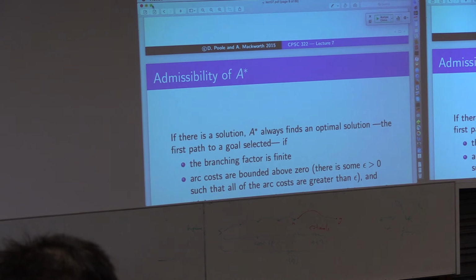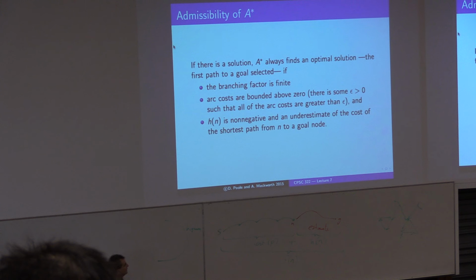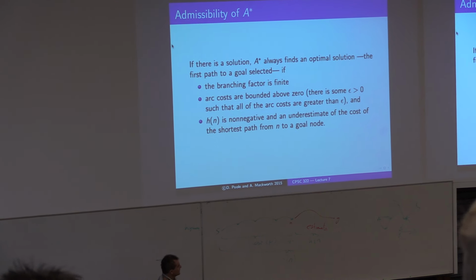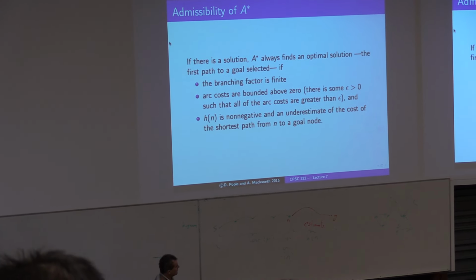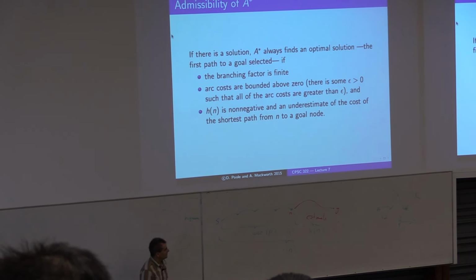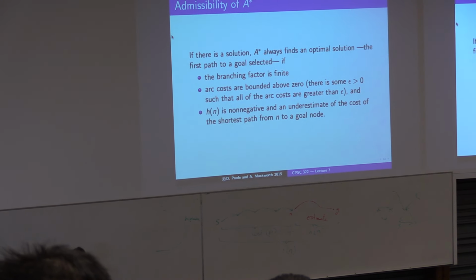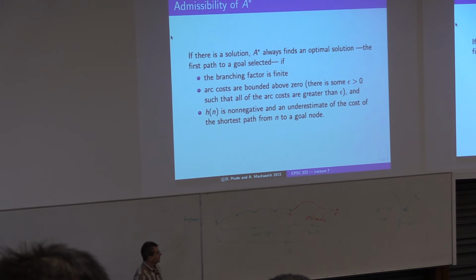All right. So let's try and form an argument that says if there's a solution, A-star always finds an optimal solution, and it's going to be the first path to the goal selected, if a number of conditions hold. First, the branching factor has to be finite.